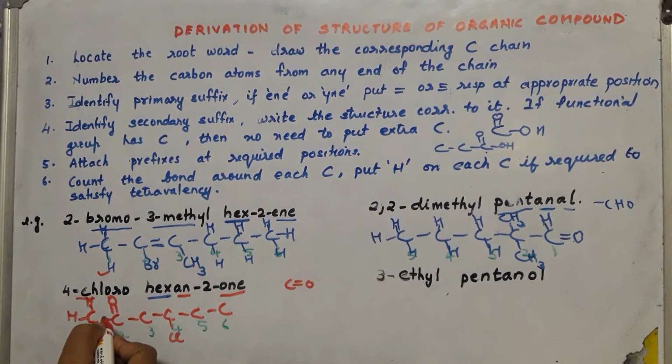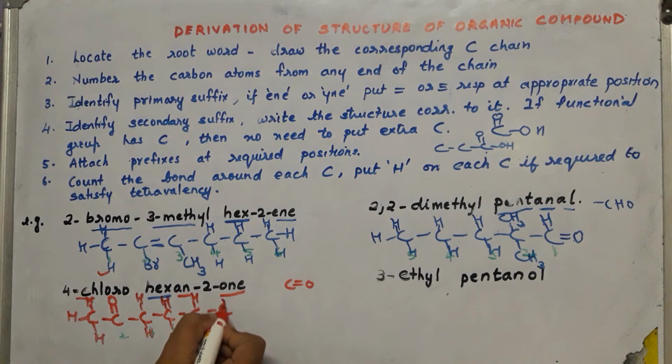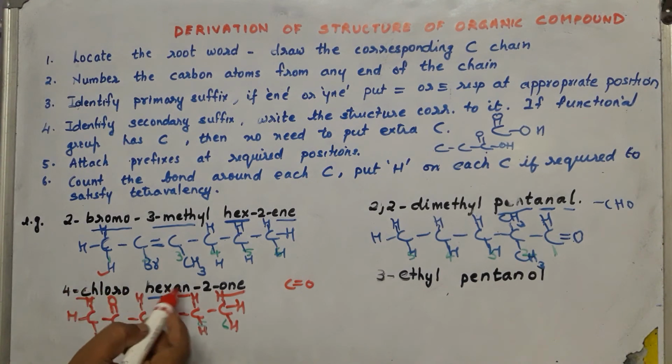Here already 4 bonds: 1, 2, 3, 4. Third carbon: 1, 2, so 2 more hydrogen. Here 1, 2, 3, so give 1 more hydrogen. 1, 2, so 2 more hydrogen here. And this has to be given 3 hydrogen. So this is the structure for 4-chlorohexan-2-one.